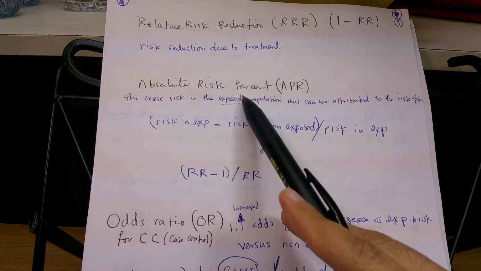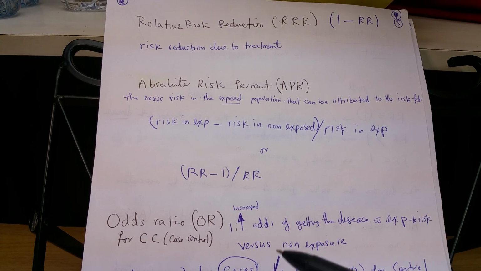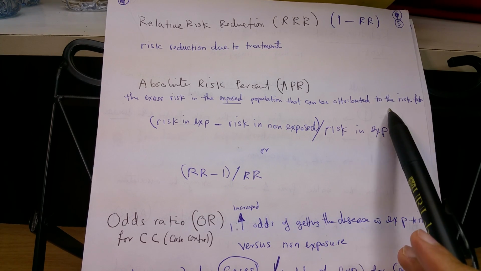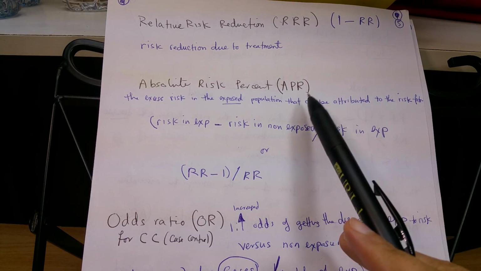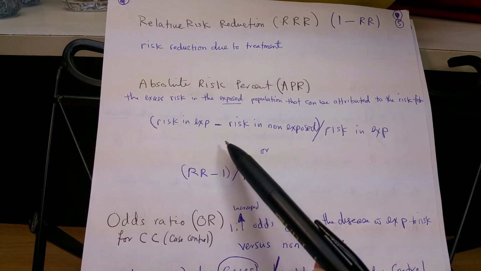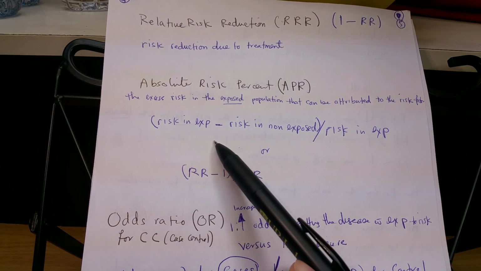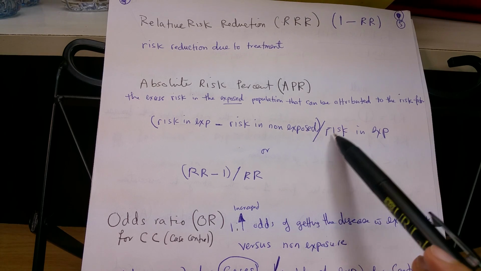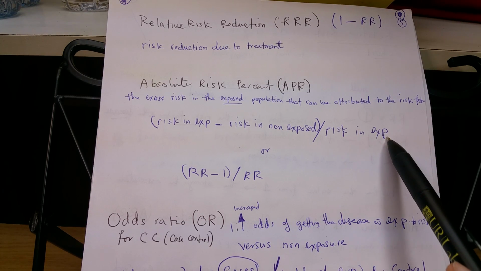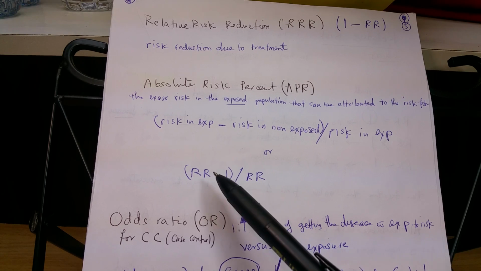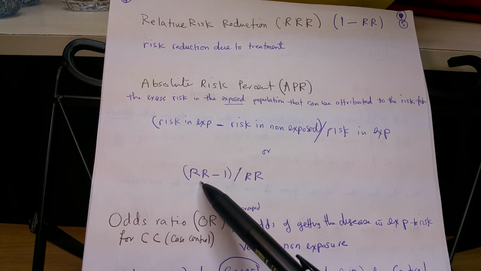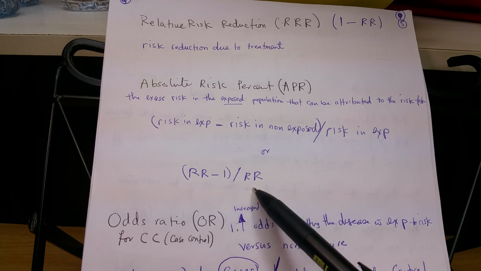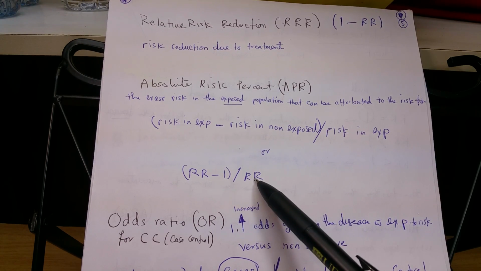Attributable risk percent looks at the excess risk in the exposed population that can be attributed to the risk factor. It's a percent: risk in exposed minus risk in non-exposed over the risk in exposed. Or there is an easier formula, which is relative risk minus 1 over relative risk. If you can get the relative risk, it's easier to use this formula.